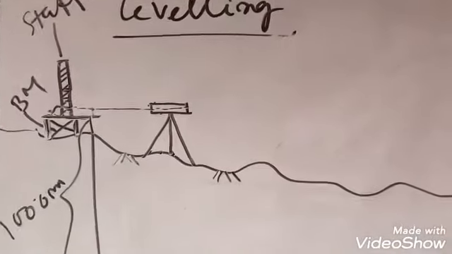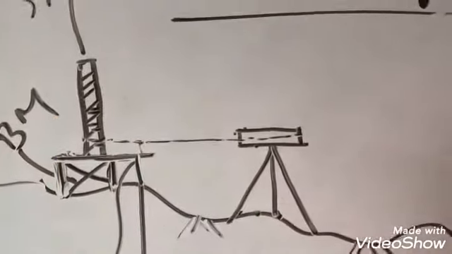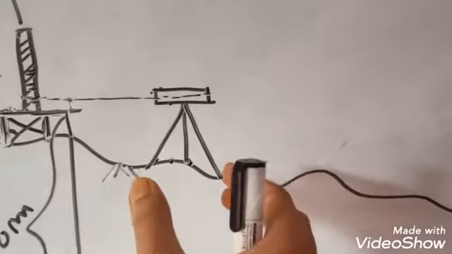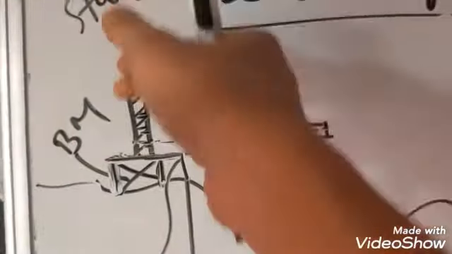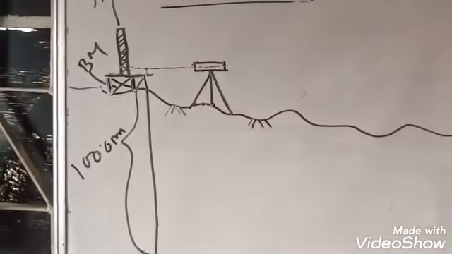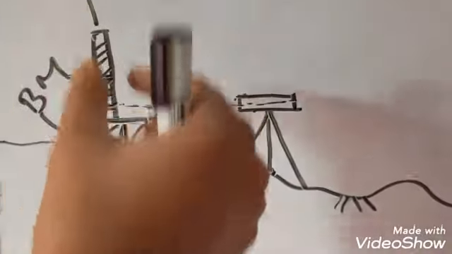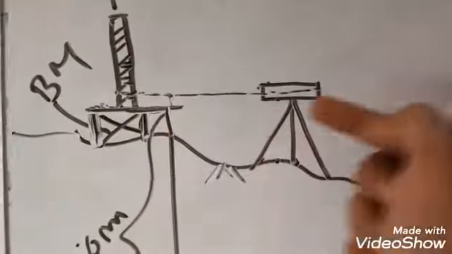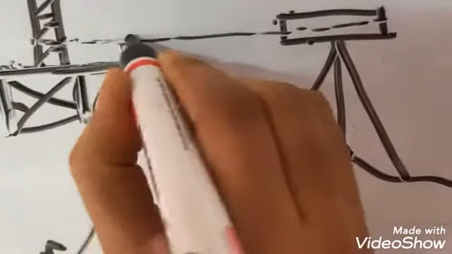So what we are going to do is, first, place the instrument on the ground, and then place the staff vertically above this benchmark. Then we look at this staff through the telescope and see what reading we get.